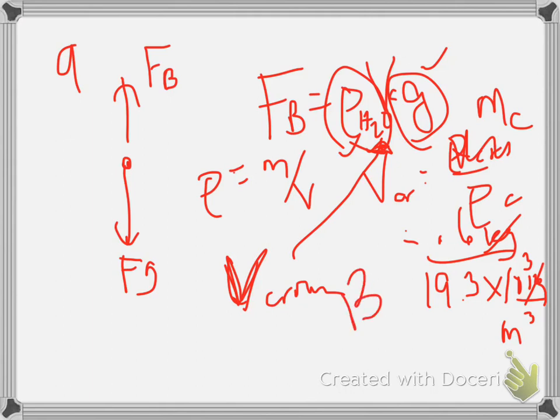A couple more and then we'll stop. Number 10, a rectangular box of negligible mass, 5 meters long, 1 wide, half meter high. How many kilograms of mass can be loaded onto the box before it sinks in a lake?